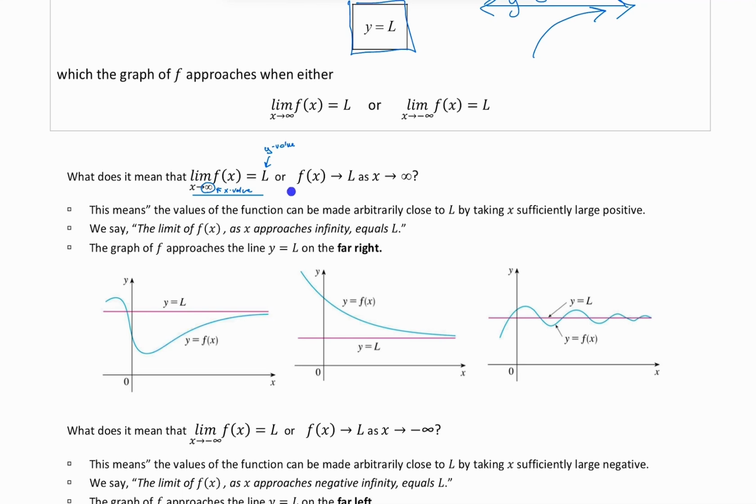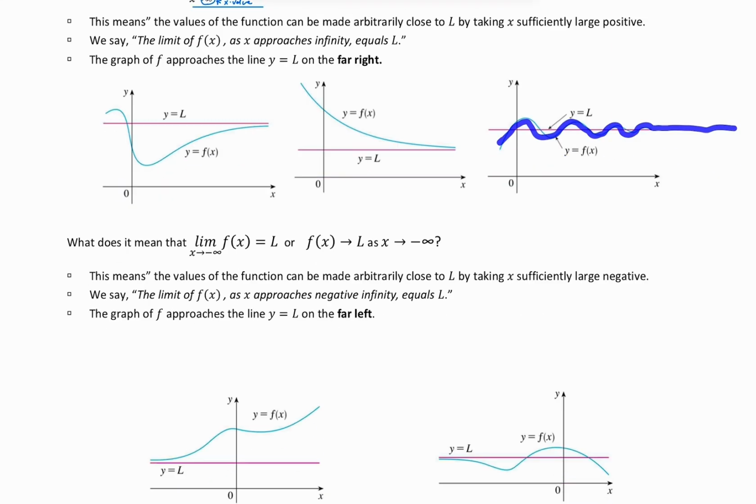That means as x is going to infinity, the function is approaching L, so we write it like this. On this side also, as you go far right, the graph value approaches the pink line, the L, the limit. You can see it passes over the horizontal line many times, but it gets closer and closer as it goes towards infinity on the right.